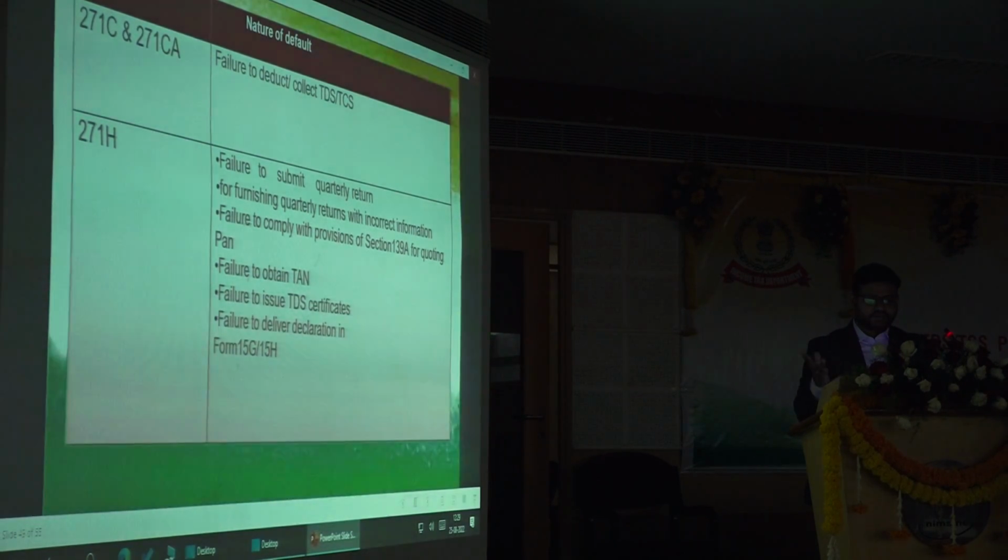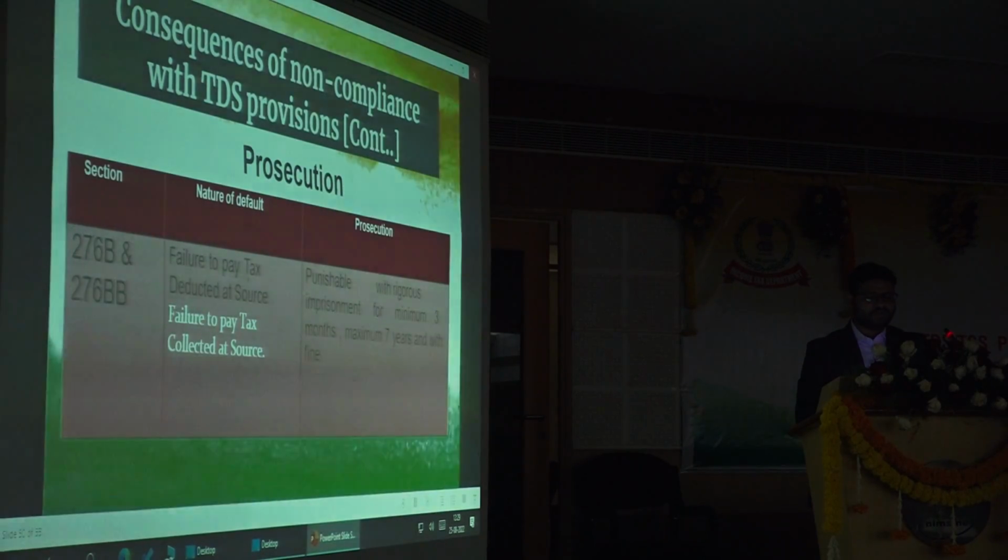And next is prosecution proceedings, section 276B and 276BB for TDS and TCS. As I told you, 3 months to 7 years rigorous imprisonment, and the liability is on deductors. Deductors are directly liable as co-accused. It is not just your organization, but you are also liable.